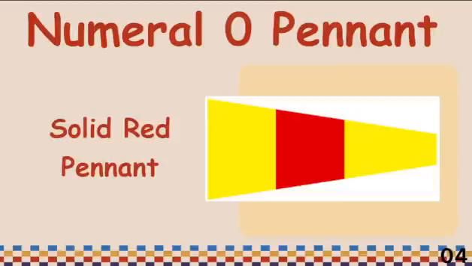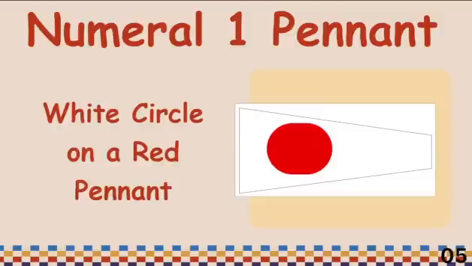So let's start from numeral 0 pennant. As you can see in our image, it is a solid red pennant with yellow at both sides. So this is numeral 0 pennant. Next is numeral 1 pennant.